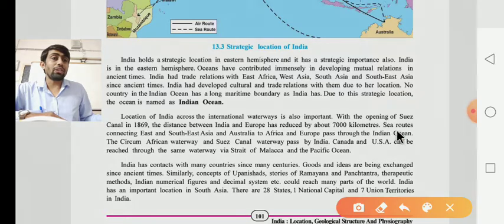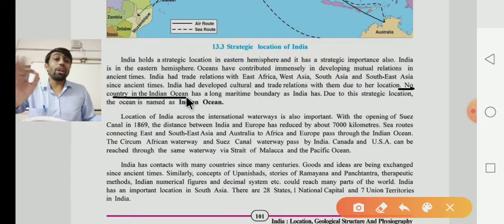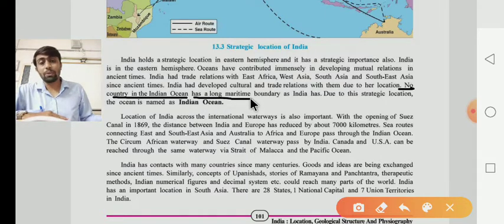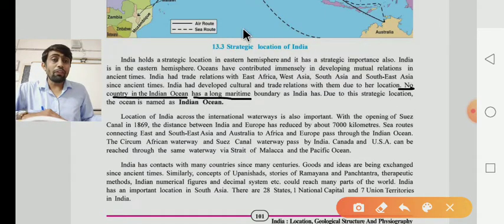Dear children, this is the most important thing. No country in the Indian Ocean, it means no other country in the Indian Ocean, has such a long maritime boundary. India has a huge benefit from its long maritime boundary.